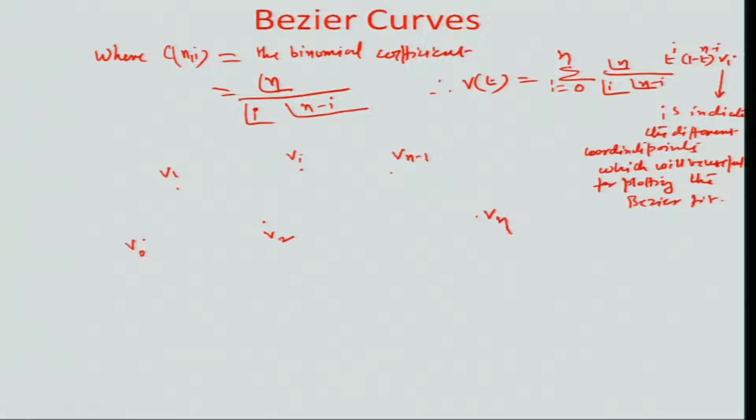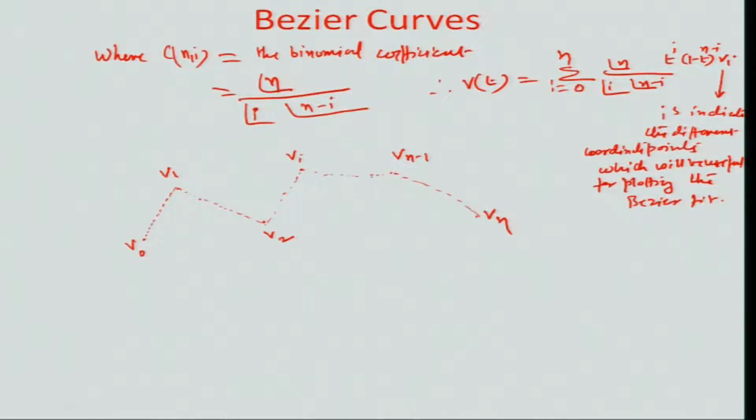So these are the different n plus 1 points in space. We connect them with a broken line, because the representation is only limited to a few points, although the number of points is n plus 1.